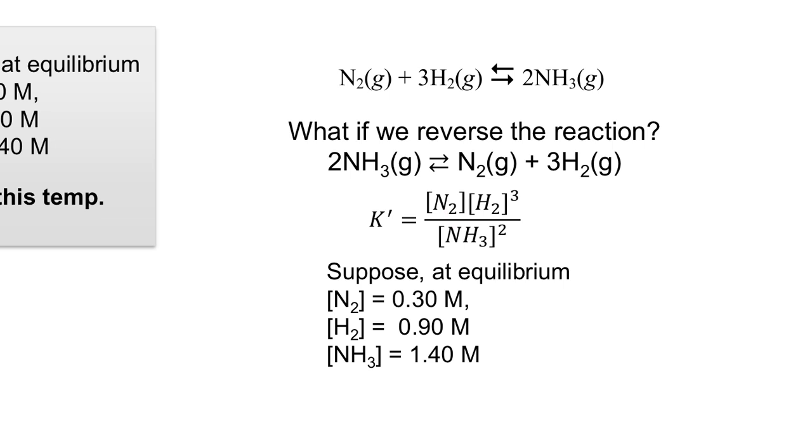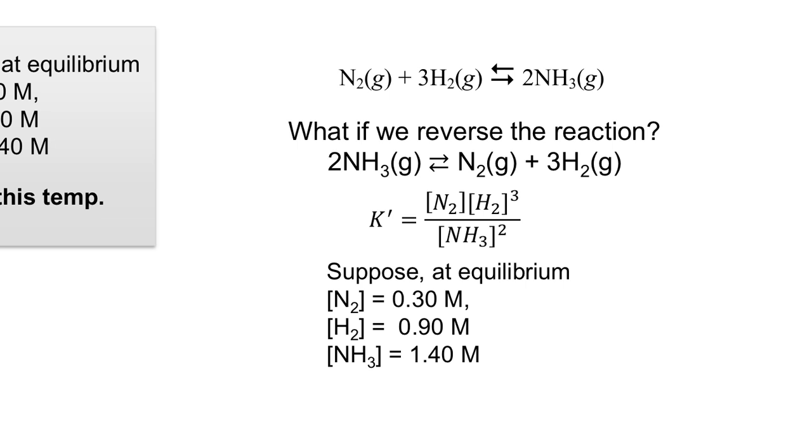And so we have the concentration of products raised to their stoichiometric coefficients, N2 times H2 cubed, divided by the reactant NH3 squared. And you'll notice this is the inverse of the equilibrium constant we just used for this reaction, right?